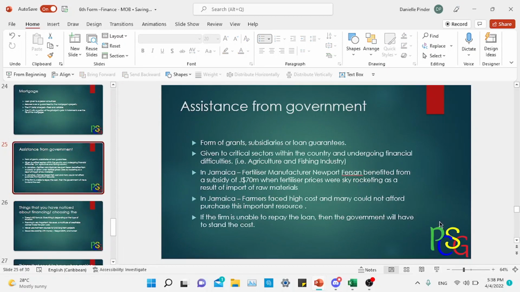I have already explained assistance from the government, and these are just examples. I give the example of a fertilizer manufacturer, Newport Ferguson.